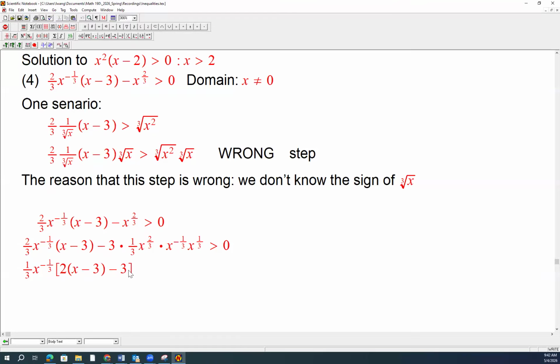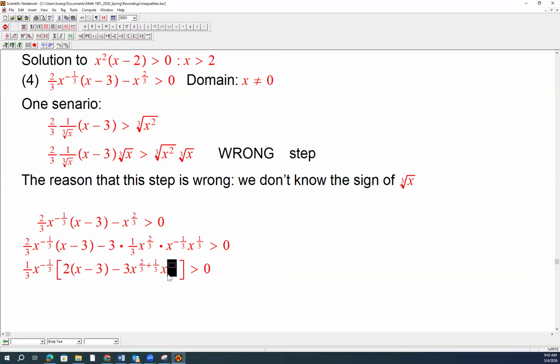So we just have x raised to the power 2/3 multiply x raised to the power 1/3, greater than 0. And x raised to the power 2/3 multiply x raised to the power 1/3, we have the same base. We just add up the exponent.